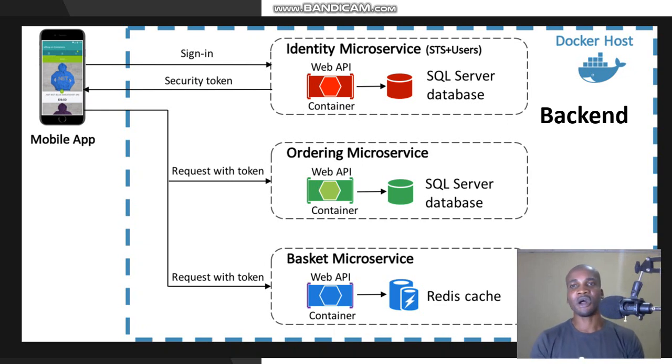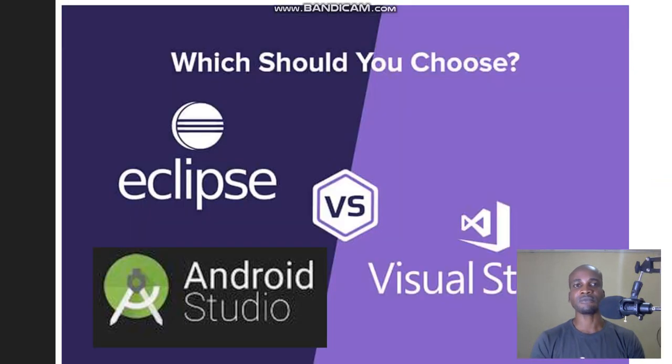Now let's talk about which IDE you need to use in your Android application security. What is an IDE? IDE is Integrated Development Environment. Developers use IDEs to write their code. For Android application security, we have three options to choose from because we are going to need this IDE to do our code review.